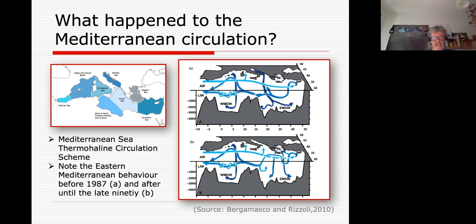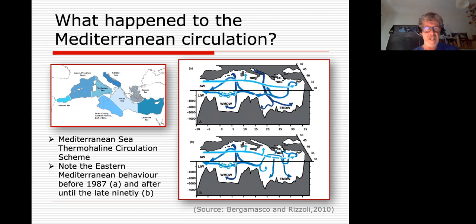Also, the Mediterranean exhibits variability which is not easily referred to as the typical oscillation cycle that we saw in the other basins.